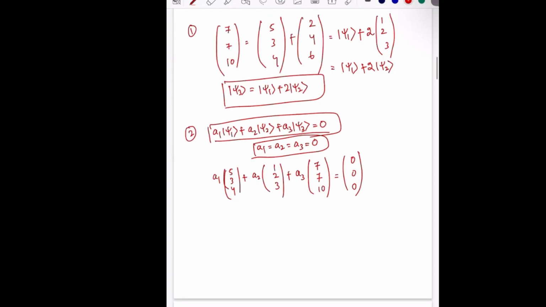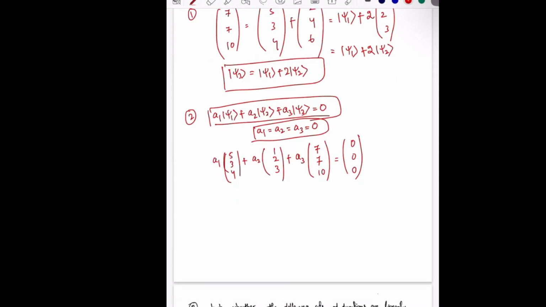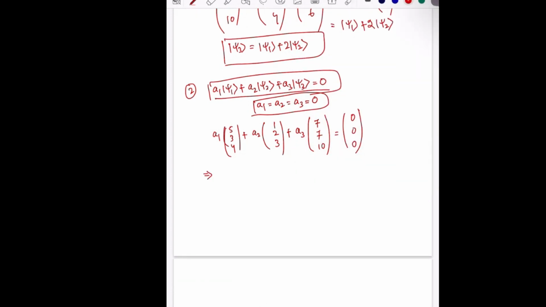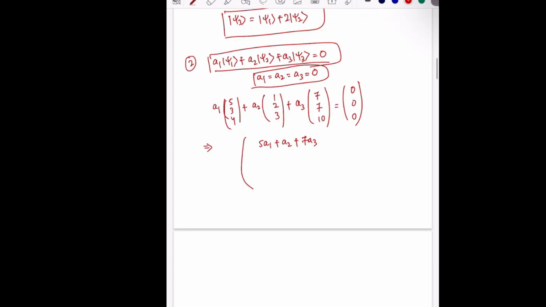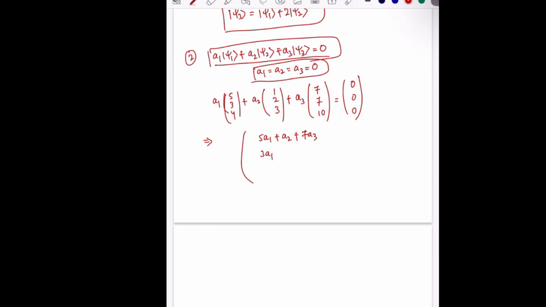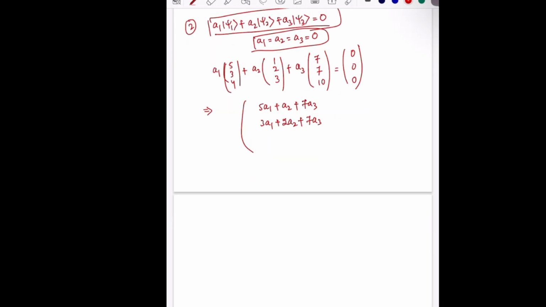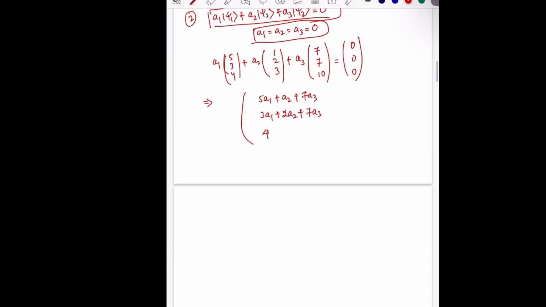It is the matrix form. So instead of writing a single zero, you can write 3 zeros. Now simplify it. It will be 5a1 plus a2 plus 7a3, the second one will be 3a1 plus 2a2 plus 7a3, and the third one 4a1 plus 3a2 plus 10a3.